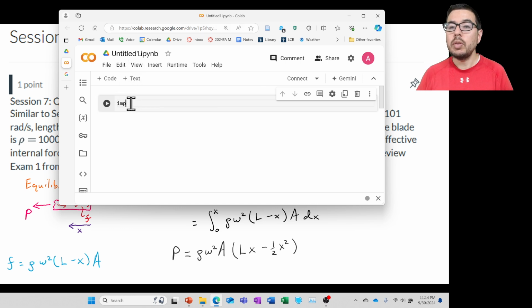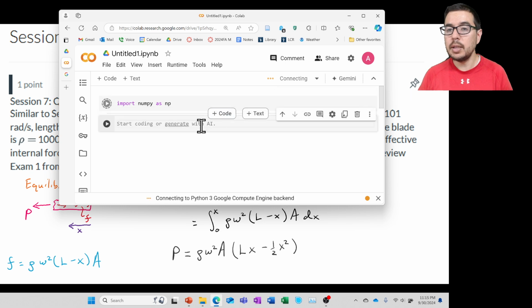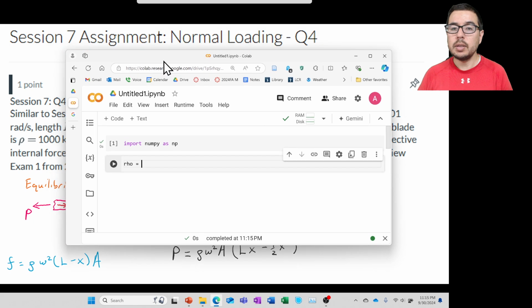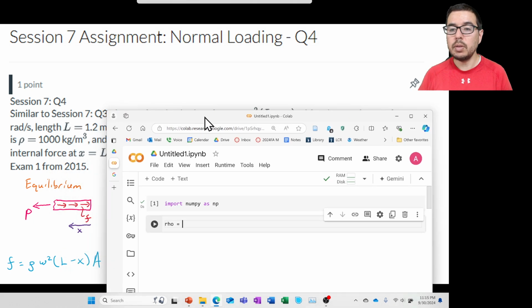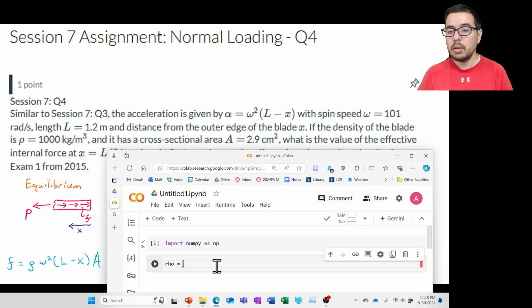So we're going to import numpy as np, and the parameters we are going to be using include density. So we'll do a rho, and that rho is 1,000, and it's going to be kilograms per meter cubed.